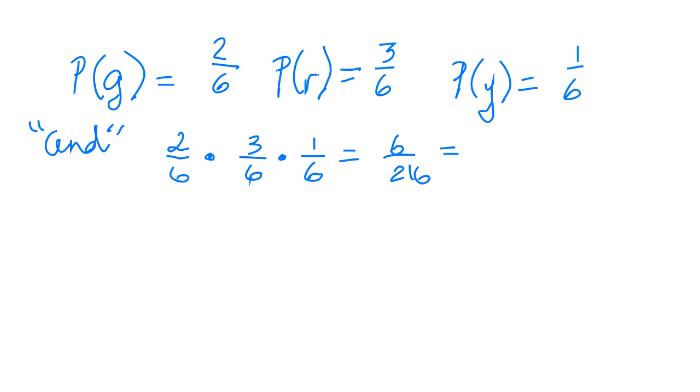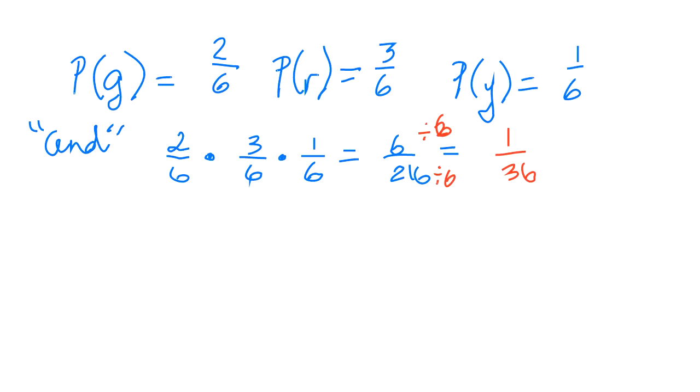I know that 6 is going to go into 216 because I got 216 by multiplying these 6's together. So I'm going to simplify the fraction. Some of you, if you were in school a long time ago like me, we didn't say simplify, we said reduce. Okay, reduce. So I'm going to divide the numerator and the denominator both by 6, and that's going to give me a 1. If I divide 216 by 6, that gives me a 36.